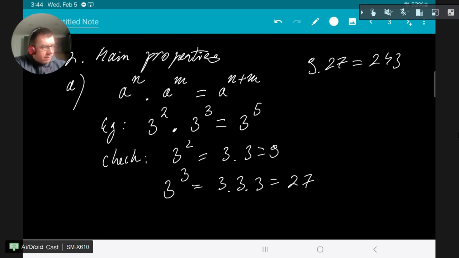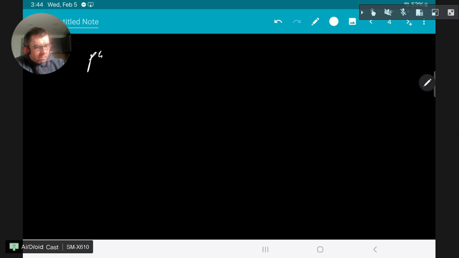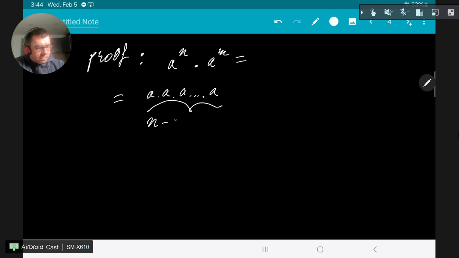So if I want to prove this in the general case, a to the power of n times a to the power of m, by the definition, is a times a times a, a total of n times. And then I continue multiplying it, times a times a times a, m times.